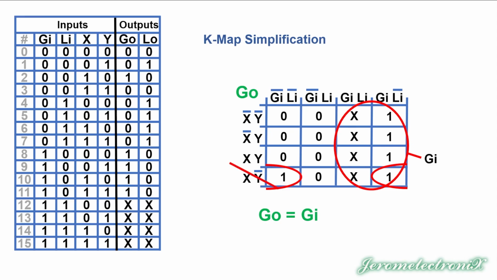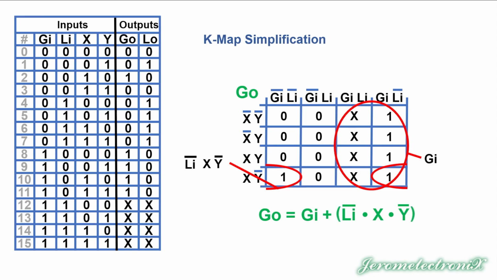So we will have to include not Li and X and Y. And remember, we multiply within implications and we add implications together. So this is the equation that we've found for GO.